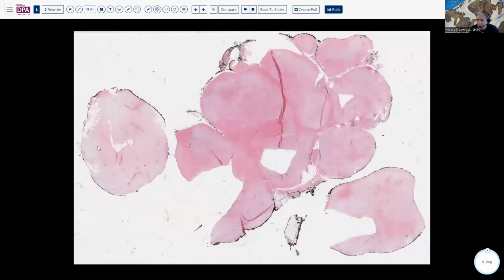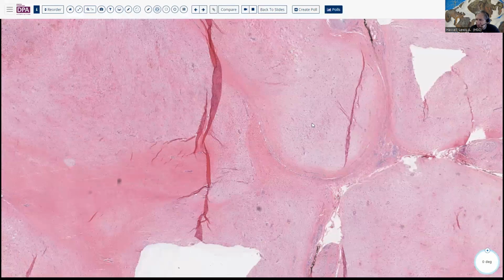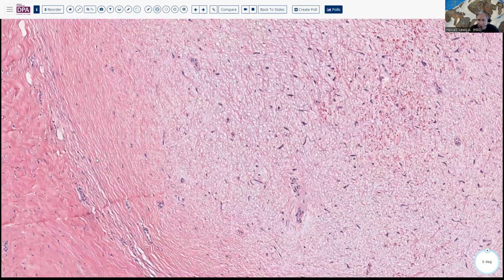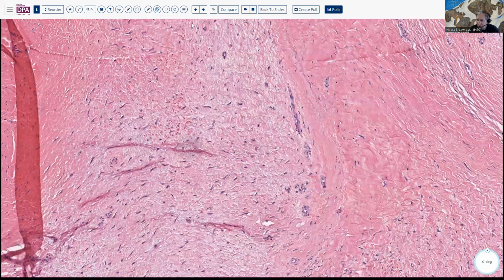again, a nodular pattern, maybe a little bit of central loosening and peripheral hyalinization, a little bit more myxoid here in the center of these lesions, and more collagenous towards the periphery. Some leaky vessels, as you can see.